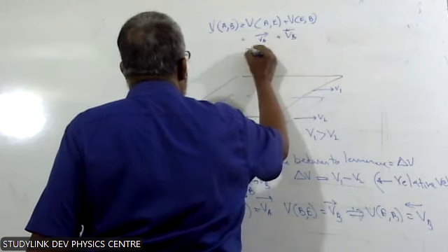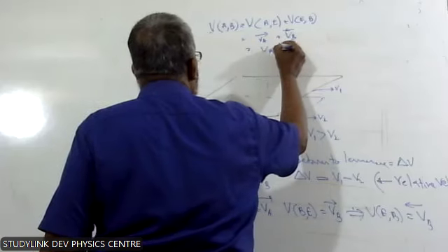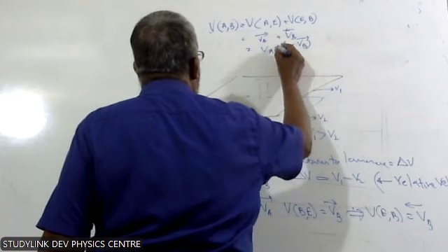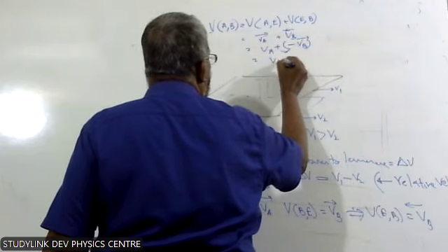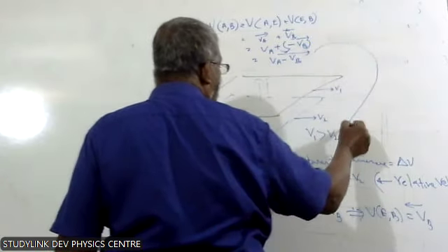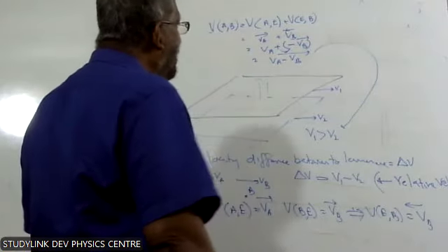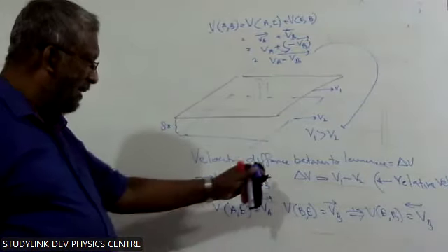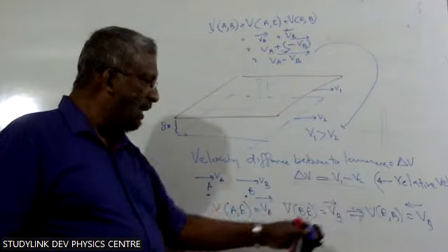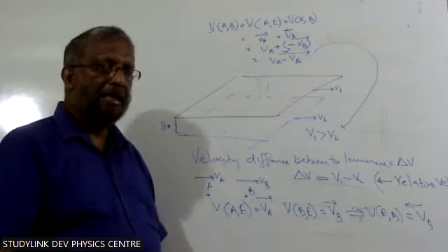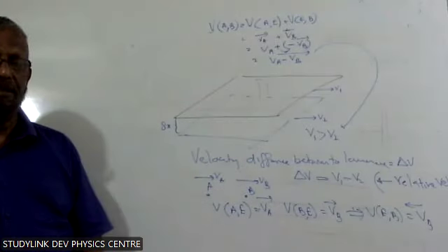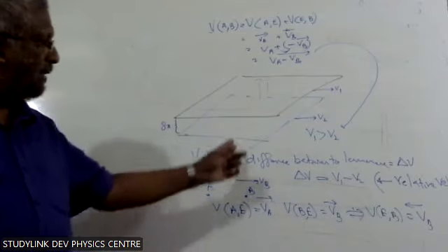Then we should write plus minus VB, so that means VA minus VB. So this is how the difference comes when they are flowing in the same direction. Here you draw this one, write it in a box and say under mechanics, because we have to understand certain things here. This is how we are getting V1 minus V2.